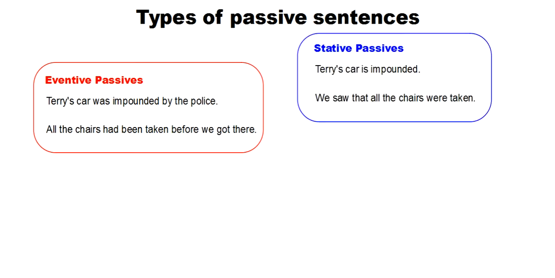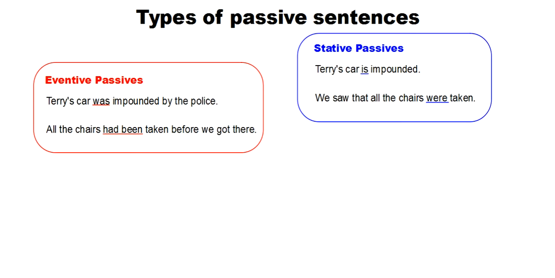Compare this with the stative passive, also known as the static passive. And probably the first thing you'll notice is where the verbs changed here. Usually when you're comparing these side by side, the eventive passive is in the past and the stative passive is in the present. It doesn't have to be in the present, like in the second examples here. But what the stative passive describes is the current condition of the recipient as a result of an event.